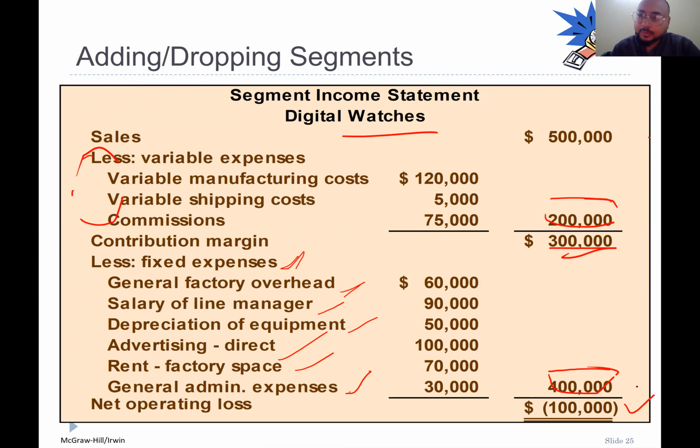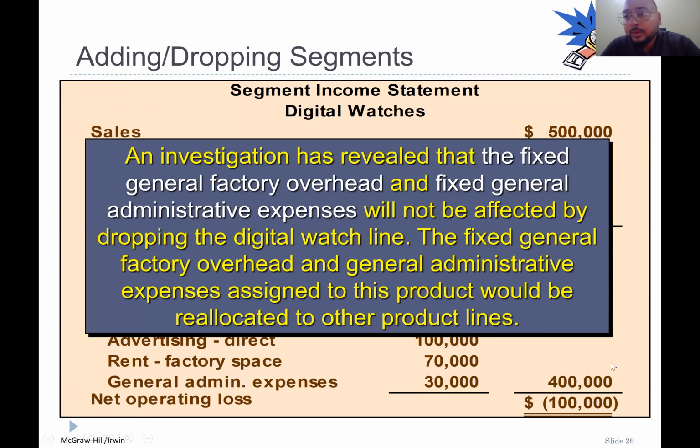Let's just see that. So the investigation revealed that fixed general factory overhead and fixed general administrative overhead will not be affected by dropping the watch line.